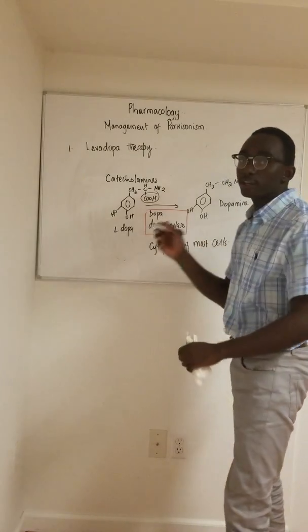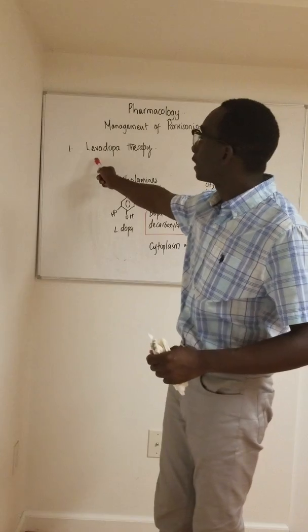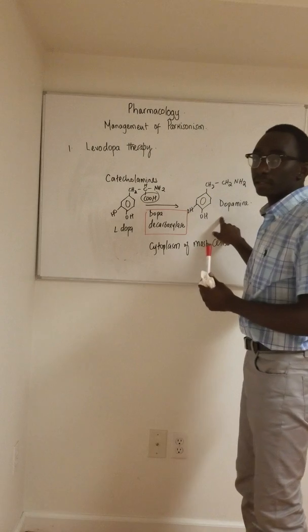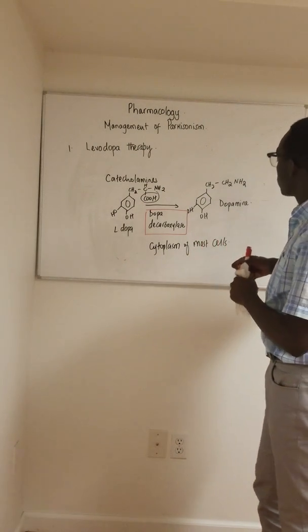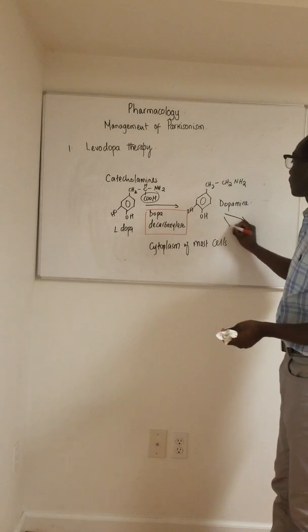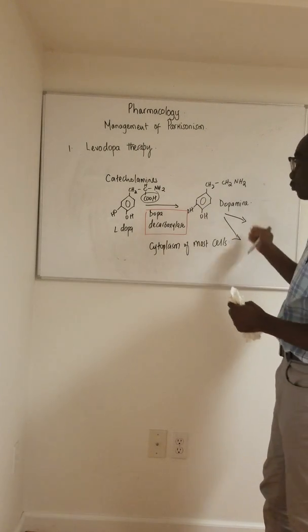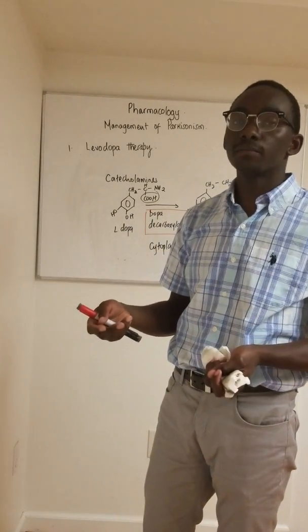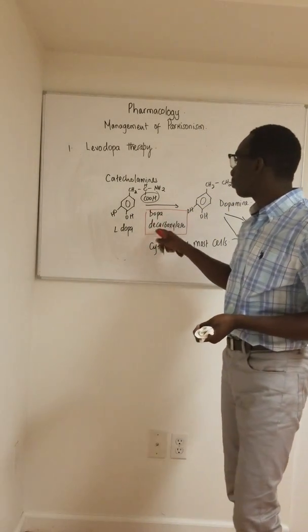So therefore, when you take this drug levodopa as it is, it's going to be broken down before it reaches the central nervous system. So it will be broken down to form dopamine. And further, this dopamine can be broken down to form norepinephrine and epinephrine, as we shall see later. So for now, we cannot give levodopa alone because of this enzyme, dopa decarboxylase.